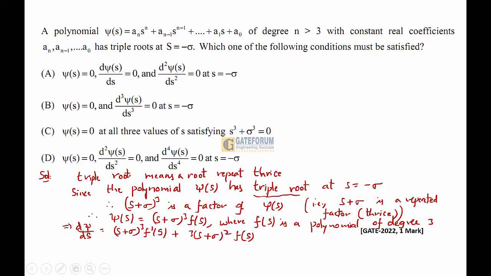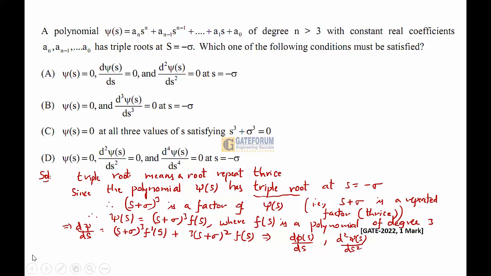So therefore, d psi of s by ds, and d square psi of s by ds square.